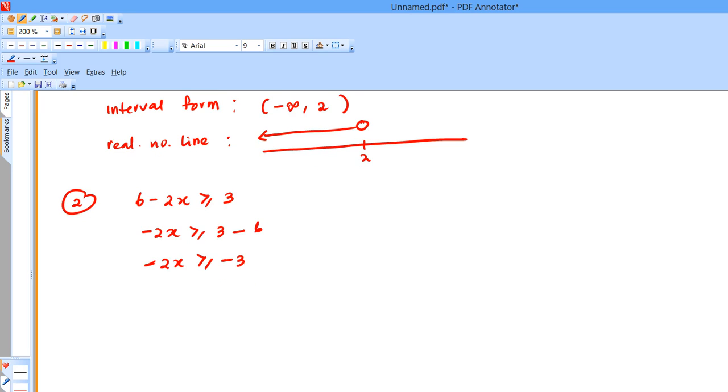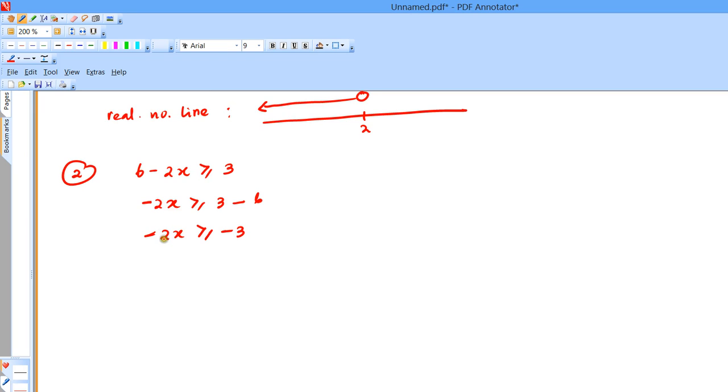And then here we need to divide by the negative coefficient. Since we divide by a negative term, you need to change the inequality. We have greater than or equal to, so you need to change to less than or equal to. Negative 3 divided by negative 2, so x less than or equal to 3 over 2.